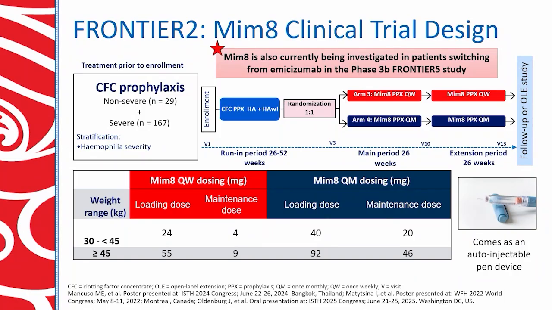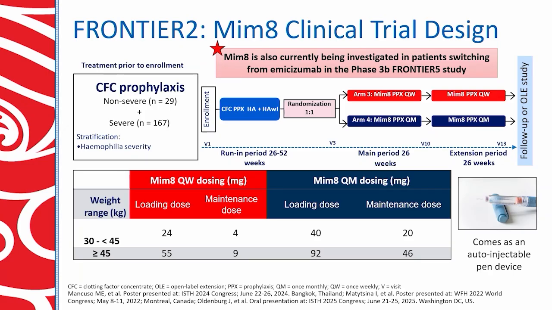So focusing on the FRONTIER 2 study and the treatment arm where patients were switched from clotting factor prophylaxis, non-severe, so moderately severe and severe hemophilia A patients, and they were randomized to be treated with a once weekly versus a once monthly prophylactic dose with Mim8, and you can see that here the dosing regimen is different to that from emicizumab.